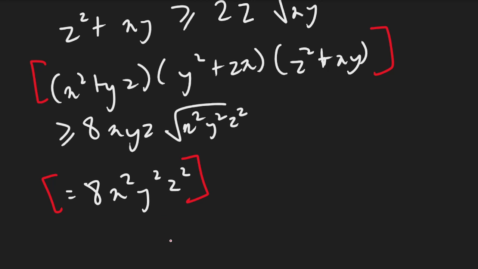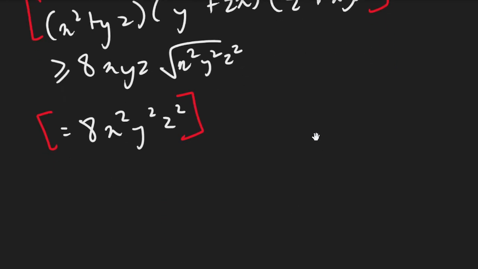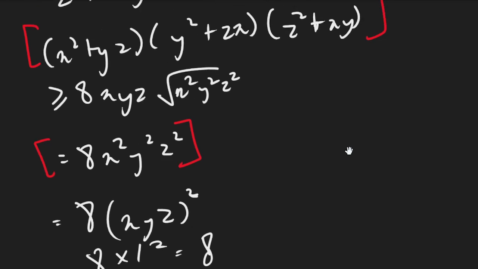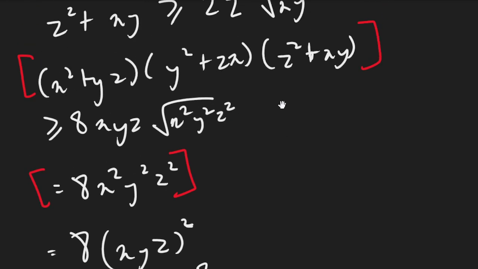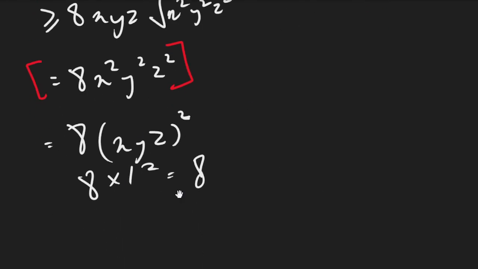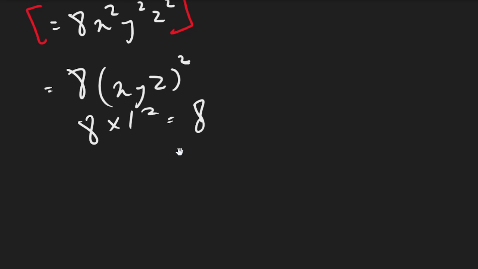And since we know that xyz is 1, x squared y squared z squared becomes 1 squared. So we have 8 times 1 squared, which is 8. The minimum of the expression in the problem is when it equals the right hand side, which is 8 times 1 squared, which is 8.